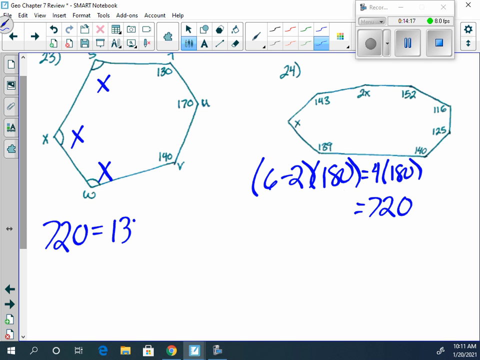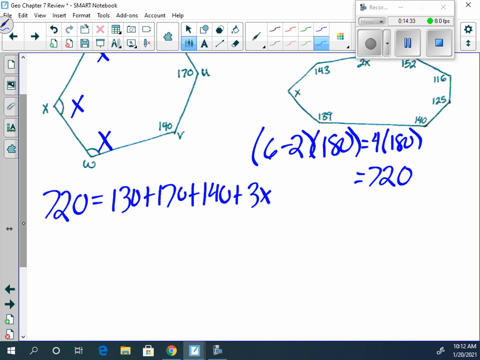Well, we can say 130 plus 170 plus 140 plus 3x. We could write out x plus x plus x, but it'd be the same as 3x. So any questions on this here? Now we can add these together. Well, 130 plus 170 is 300.